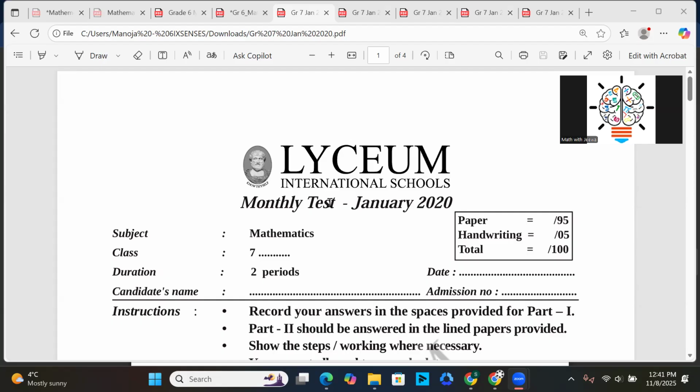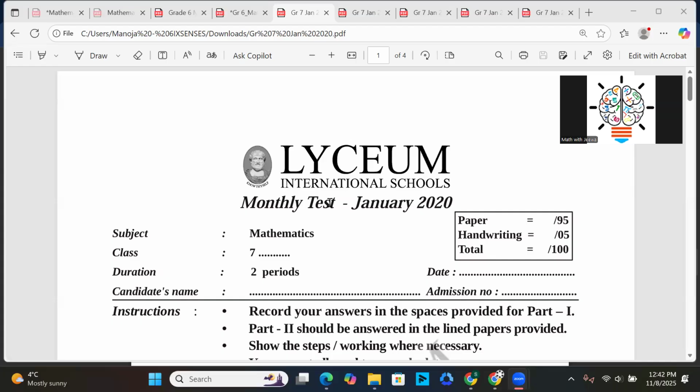Now, most of the parents, I want to make this clarified. Most of the parents think that now the Lyceum schools are following the Excel curriculum. Therefore, they can't consider these old past papers for their kids' practice sessions. I would say that whatever the curriculum they follow in the school, maybe the Cambridge or the Excel, for mathematics, they use the same textbook, STP Mathematics 1A, 2A, and 3A books that we had for years.